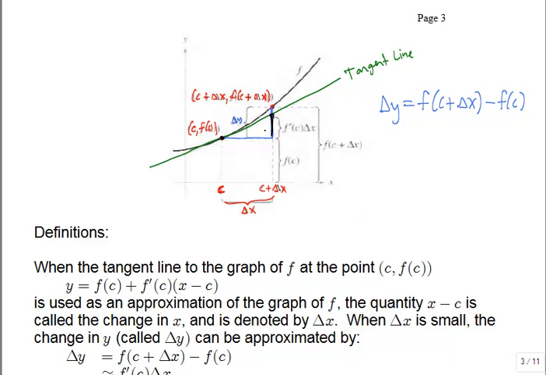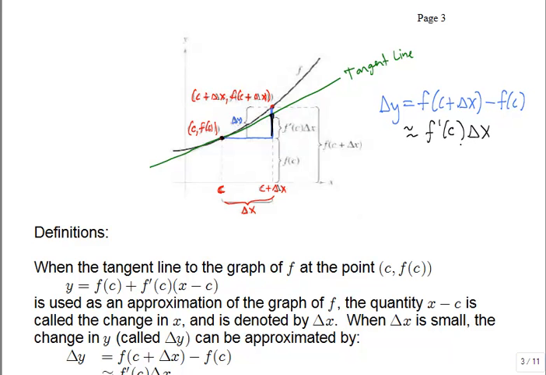And that is called the differential of y, and it is approximately the same as this f of c plus delta x minus f of c. And it has a formula, and it comes from just that slope times the change in the x. So the change in the y is approximately the slope times the change in the x.